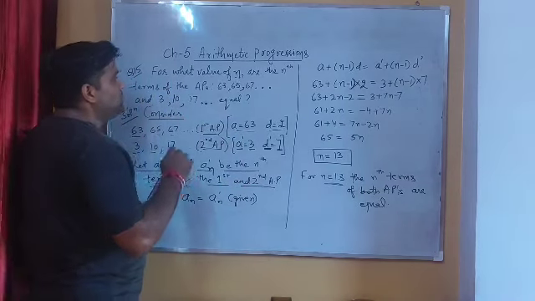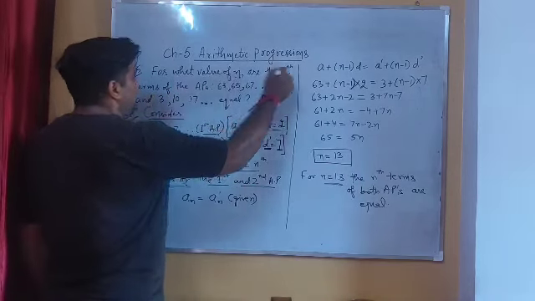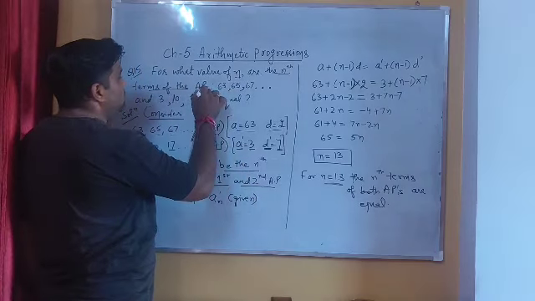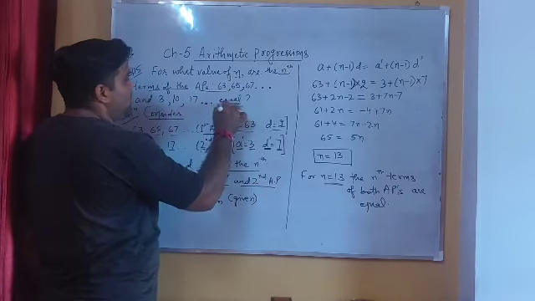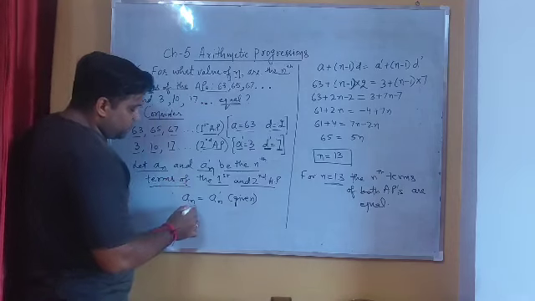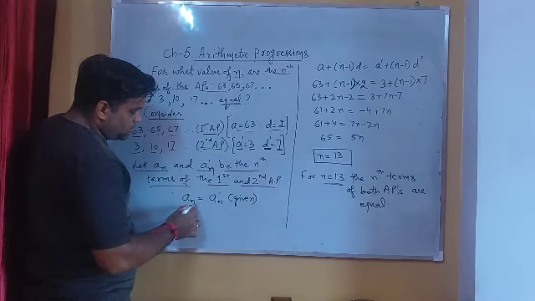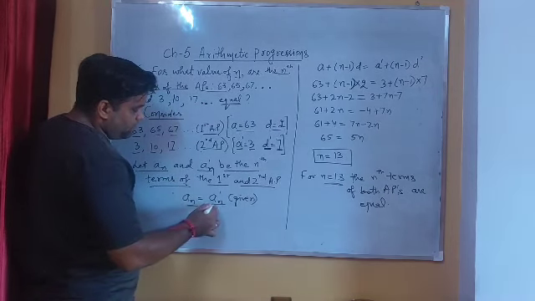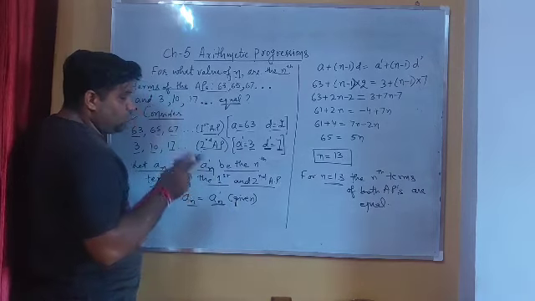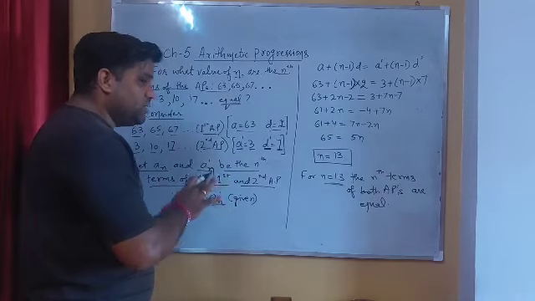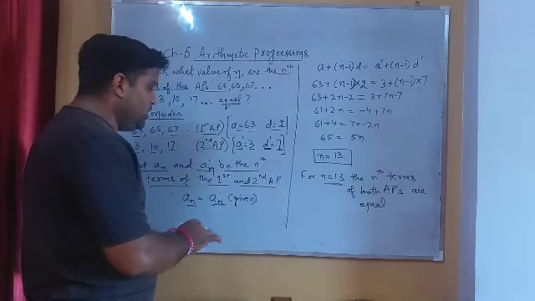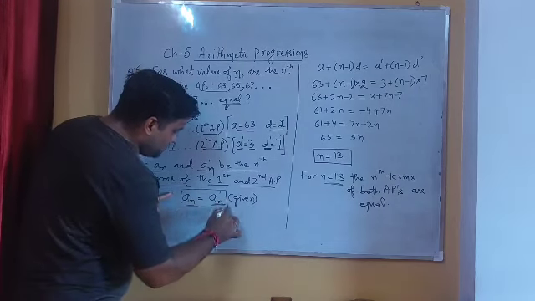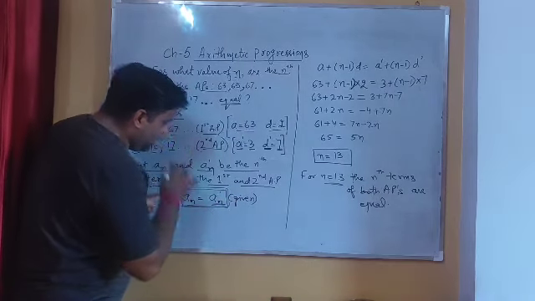Now in the question it is given that the nth terms of both APs are equal. So here the nth term of the first AP is equal to the nth term of the second AP, but at what value of n? Here we have to find the value of n at which the nth terms of both APs will be equal.